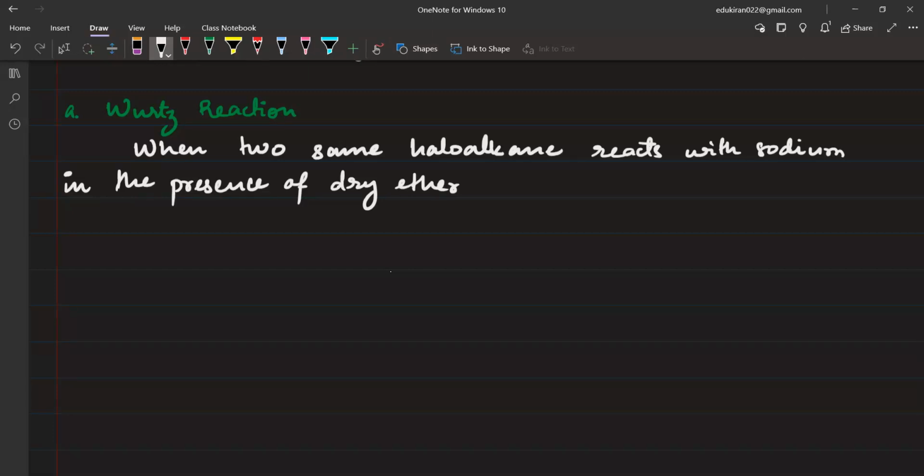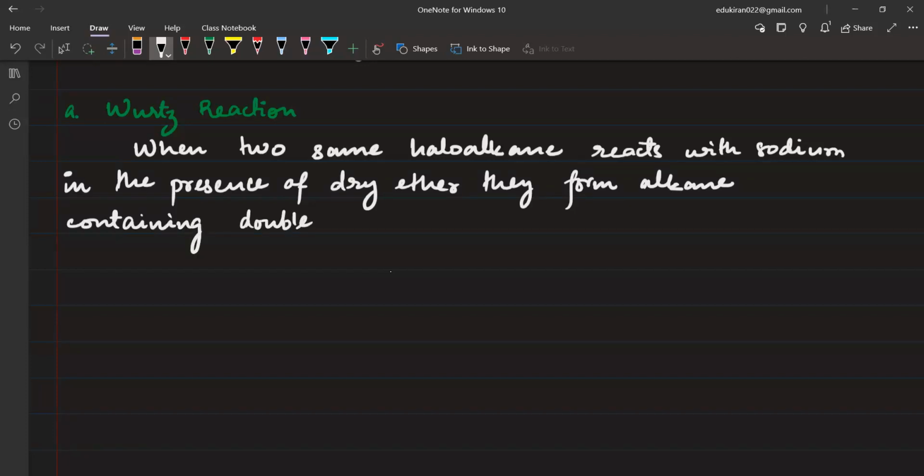That is why we are taking dry ether. Dry ether is just a solvent. It does not do anything in the reaction. They form alkane containing double the number of carbon atoms.